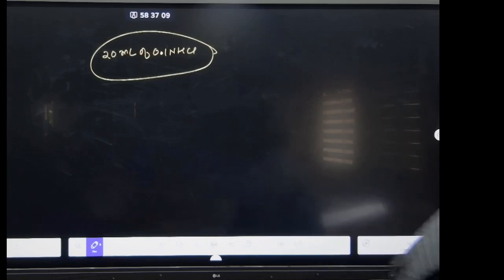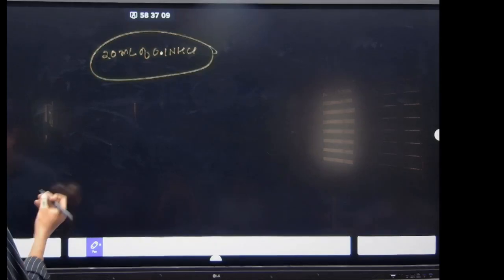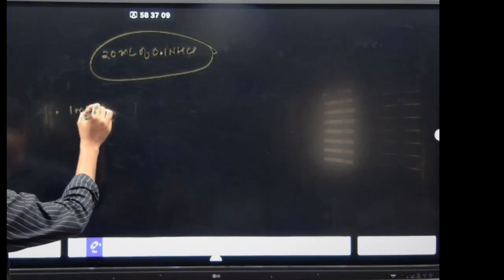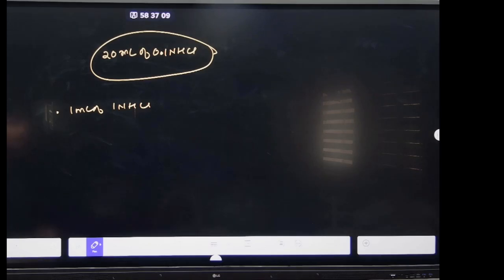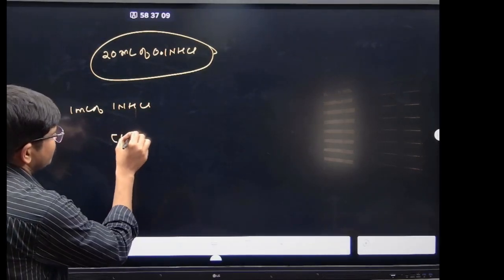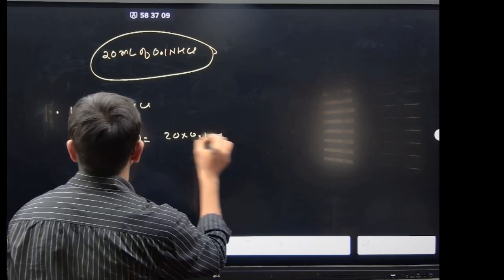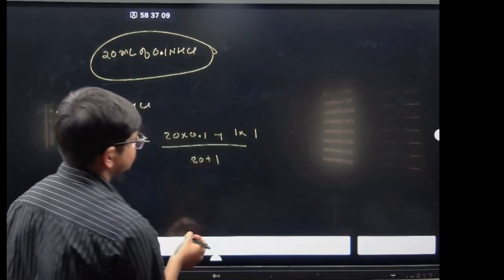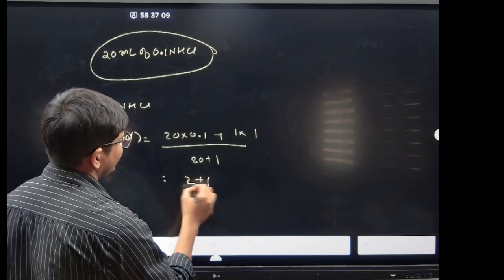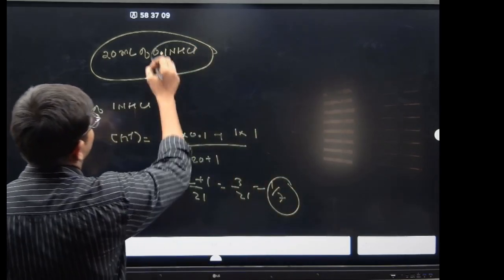So see the first one, if you are adding 1 ml of HCl, clear है ना? तो देखो, now the concentration of H plus will be what? 20 into 0.1 plus 1 into 1 divided by 20 plus 1, that is 3 by 21, that is 1 by 7. अभी कितना था तुम्हारा? 0.1 था कि नहीं था?